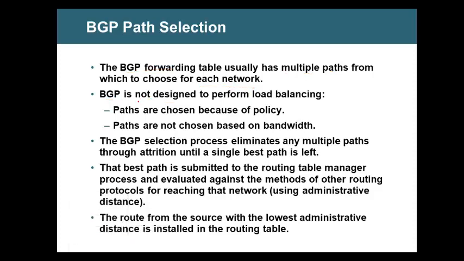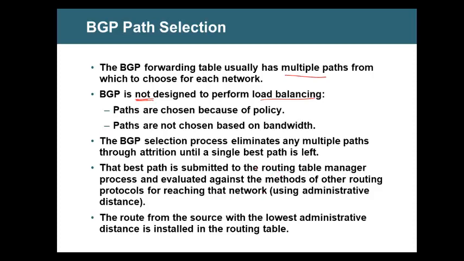I also want you to know very clearly, certainly, that BGP is not designed to perform load balancing. Even though you have multiple paths, don't expect BGP to load balance. Even if you have multiple paths, it will have one good reason to say why only one path is chosen and other paths are ignored.